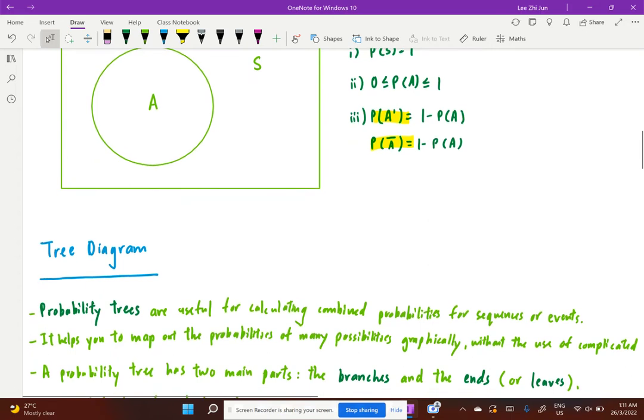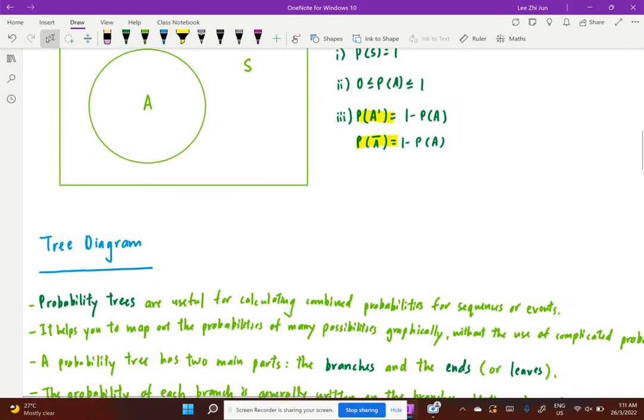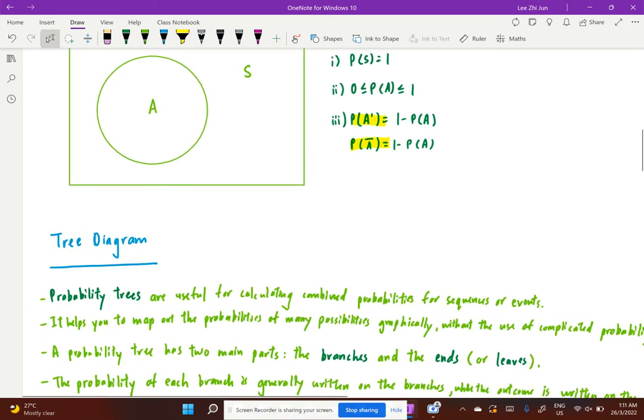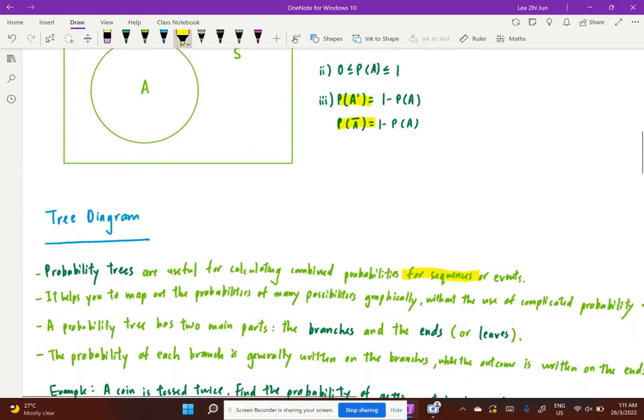We go to the tree diagram, also known as the probability tree. It is useful for calculating combined probabilities of sequences of events. For sequences, that is the important part. It helps you map out the probabilities of many possibilities graphically without complicated probability formulas.